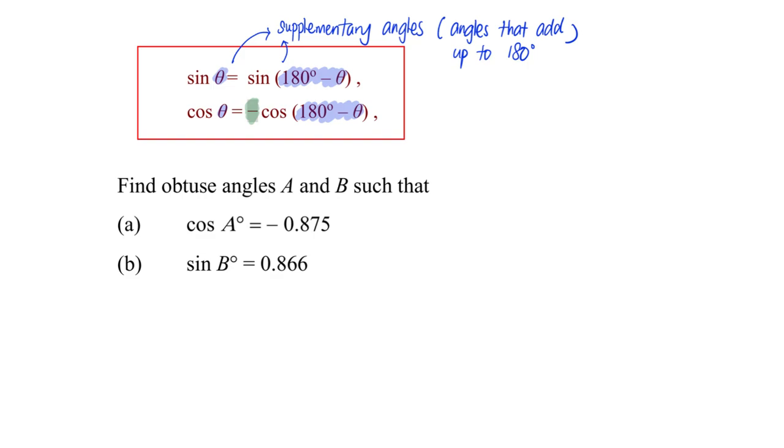This question immediately informs us that the angles A and B are obtuse. Okay, so part A is very straightforward.